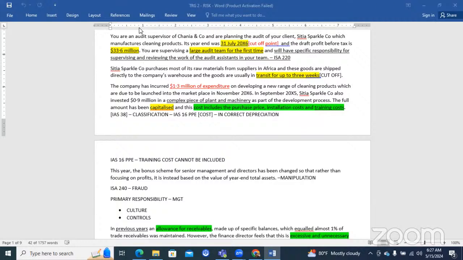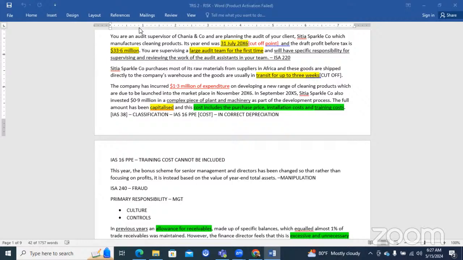Understood. See here, you are saying they are trying to recognize assets in the current year instead of next year. You are talking about a cutoff problem. Am I right?